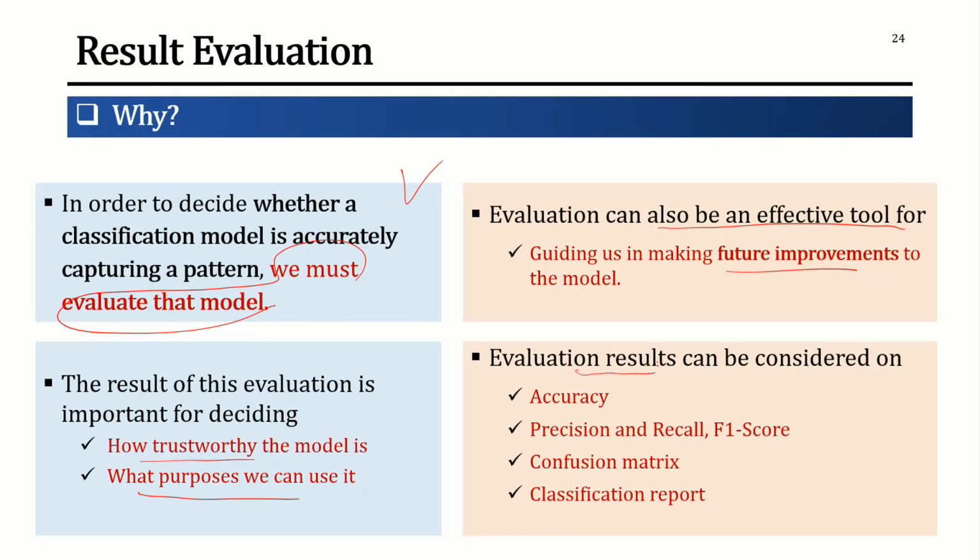For the evaluation results, there are more, but these four main points are important and normally appear in machine learning: accuracy, precision and recall, F1 score, and the confusion matrix and classification report. Actually, the confusion matrix is the most important, and it will be used in some other metrics.